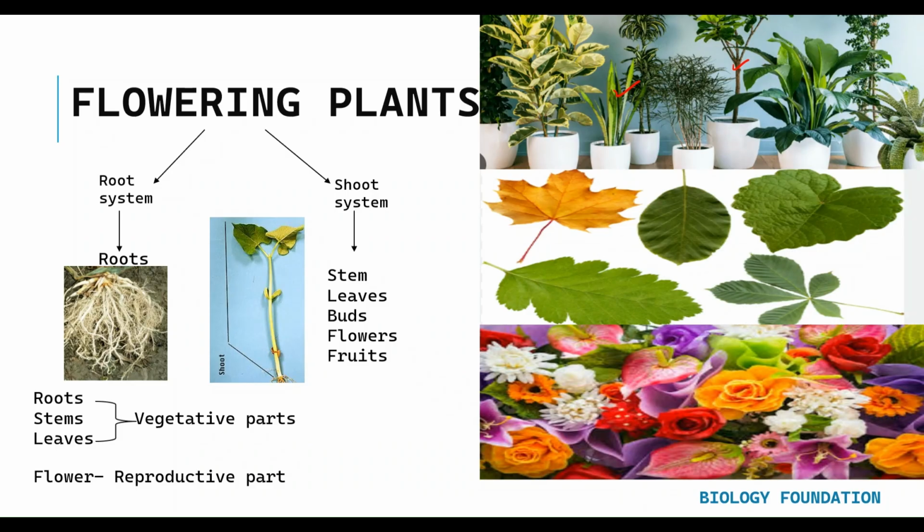Some plants grow as bushes, and in some plants, the leaves are completely reduced into needles or spines. And if you see, the leaves also vary completely in their shape. You can see how the leaves take different shapes, and you have flowers also.